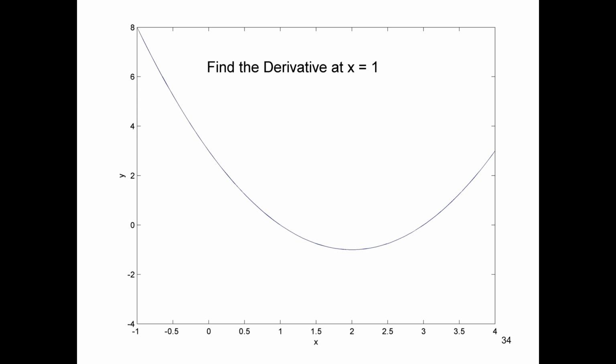So if I have a function, I could plot it. At 1, I can find the slope of this. Now I'm looking to approximate that slope in some general case. If I have a line, how am I going to approximate the slope of a line?